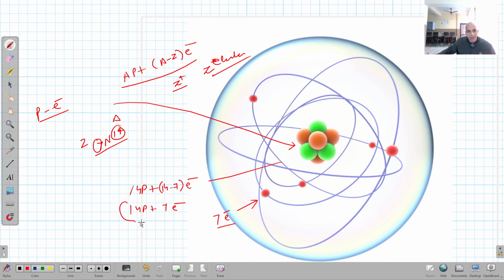So if we look at the nucleus, 14 protons plus 7 electrons, the charge on the nucleus is plus 7 e. So the atom as a whole is neutral. This is the proton electron theory of the atomic nucleus. According to this theory, the atomic nucleus consists of A protons plus A minus Z electrons, and Z extra electrons are revolving around the nucleus.